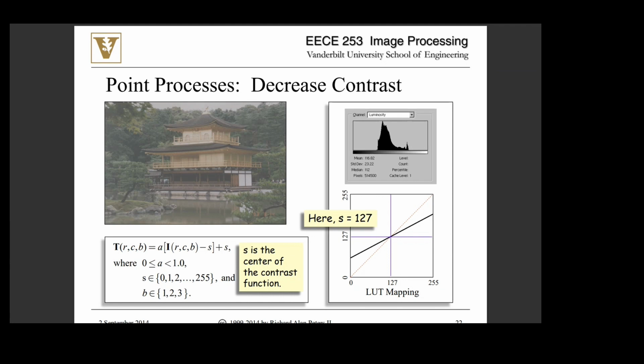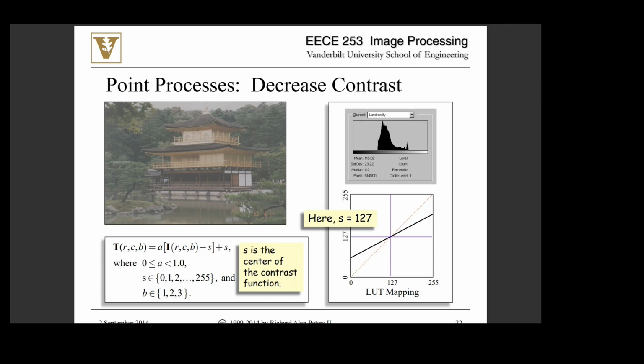Then this structure is simply A times the input, and A is between 0 and 1. So that is a straight line that goes to the point 127, 127, and it has a slope that is smaller than 1, between 0 and 1. And then what will happen?